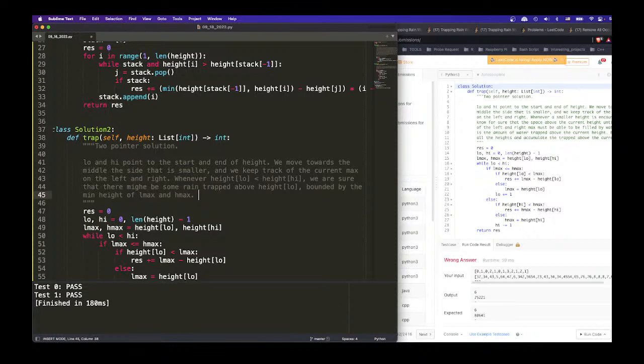All right, we can compute this height. Yeah, just low and high. We make sure we always keep track, and if this is smaller, and we have the current largest on the right, and that's the amount of water we want to trap.